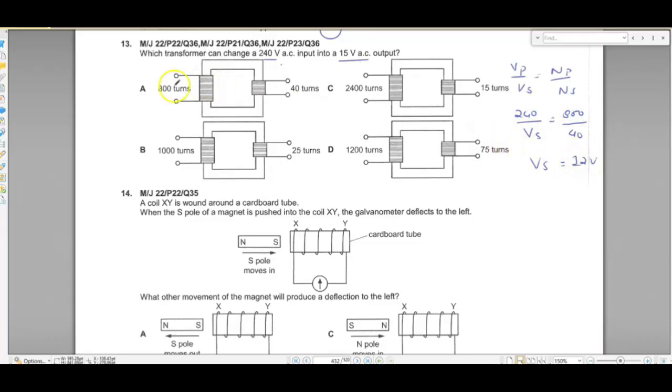So this means that this transformer can't change 240 volts to 15. Okay, if we look at the second option and we put in the values again, 240 over Vs is equal to 1000 over 25. Okay, let's do the C option first.